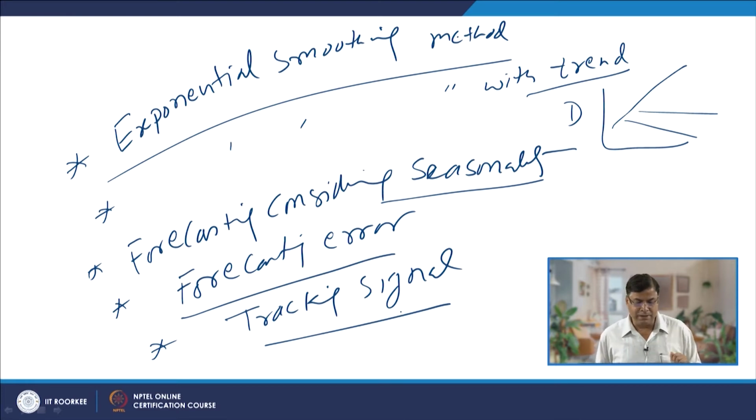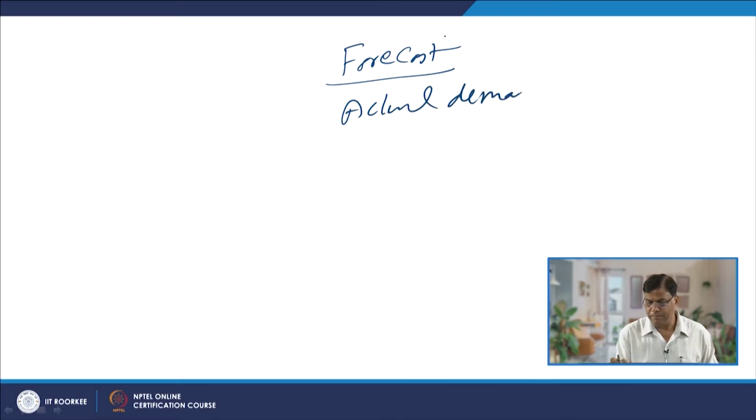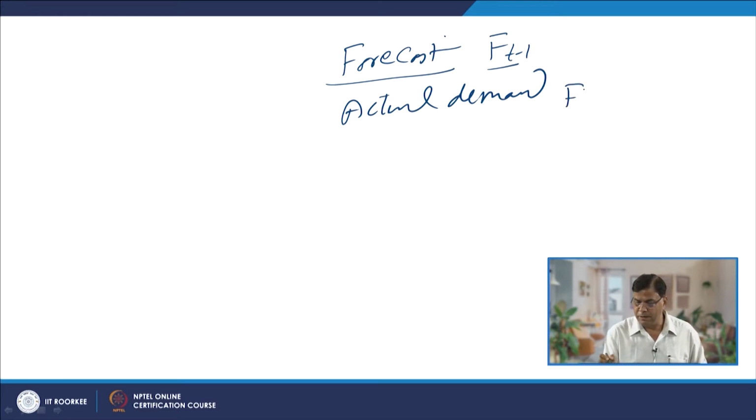So, starting with the exponential smoothing method, in this case it considers basically two parameters. One is the most recent forecast and the other is the most recent actual demand. Say the most recent forecast is F t minus 1, and the most recent actual demand is A t minus 1.